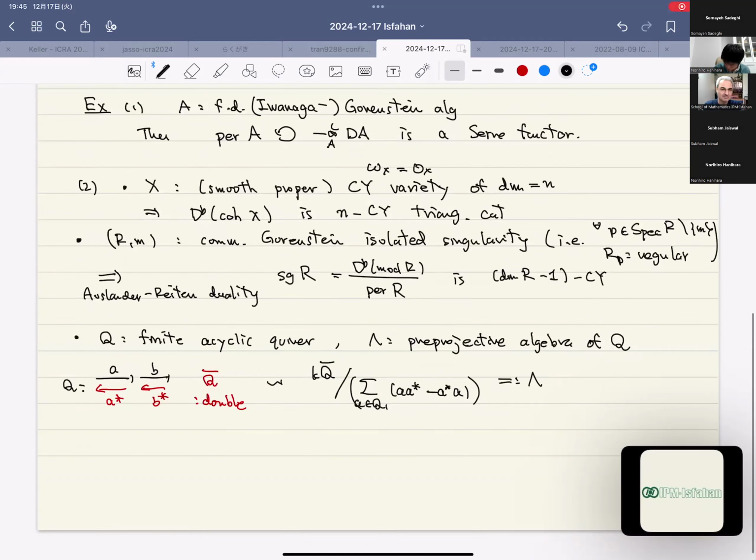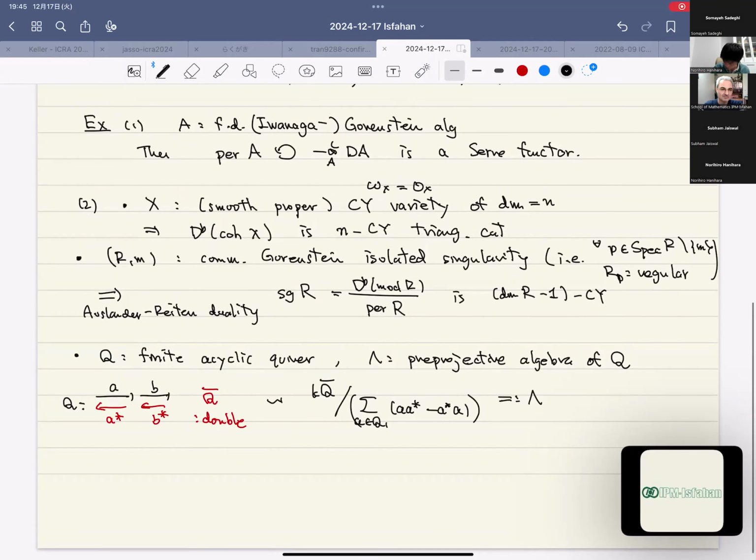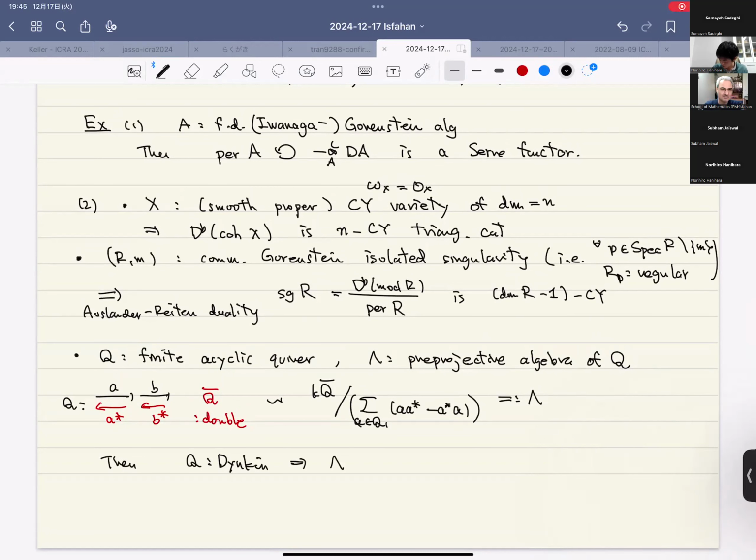If Q is Dynkin, then this preprojective algebra lambda is finite dimensional, and its singularity category is a 2-Calabi-Yau triangulated category. And if Q is non-Dynkin, then we have another 2-Calabi-Yau triangulated category, namely the derived category of finite length modules over lambda.